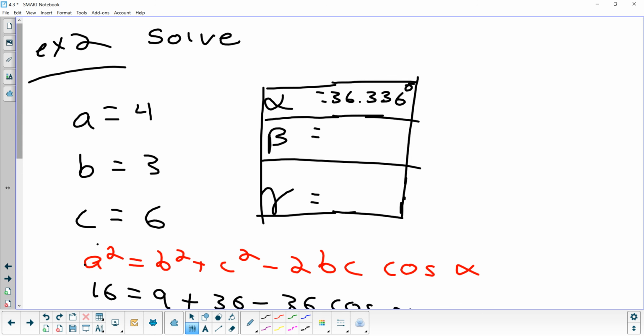36.336. Now you've got more information. It was a side, side, side. You could think of this problem as law of sines, but it's going to end up being the case you don't want to deal with. So let's finish it by doing law of cosines one more time. And again, if you made a mistake on alpha, you'd get alpha wrong, but it's not going to have any effect on the next one we solve, because we're not going to use this.